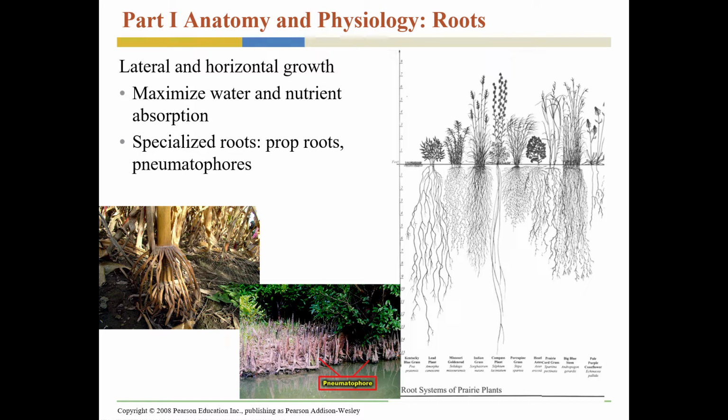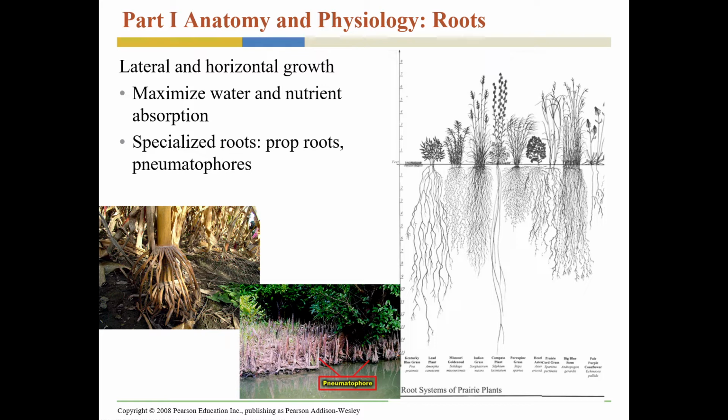Just an interesting aside, for instance, you have prop roots and pneumatophores. Prop roots are roots that help anchor the plant above the ground, like corn has prop roots. Pneumatophores are those roots that are above the water in those coastal areas that have mangroves, the mangrove trees.